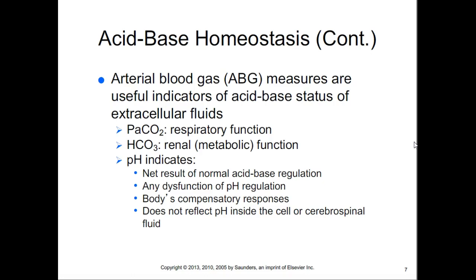And then pH shows whether our body's compensatory mechanisms are all appropriate, but remember, that's inside the blood. It does not really reflect the pH inside the cell or the cerebrospinal fluid. It is, however, the net result of normal acid-base regulation. So that's what our blood pH is going to indicate to us.